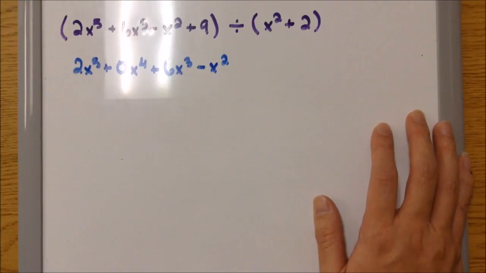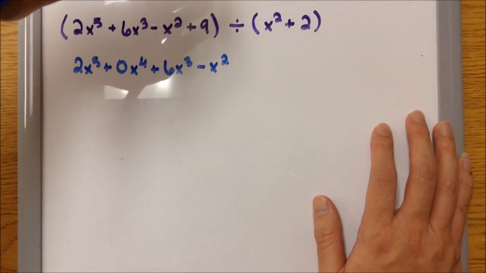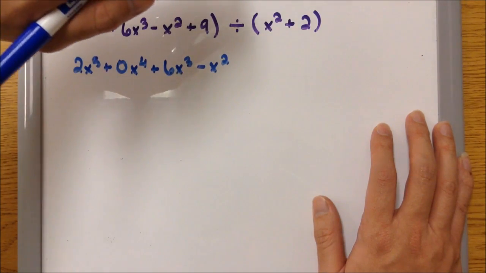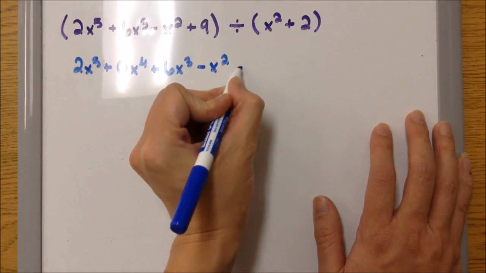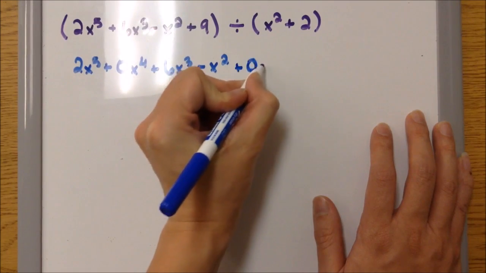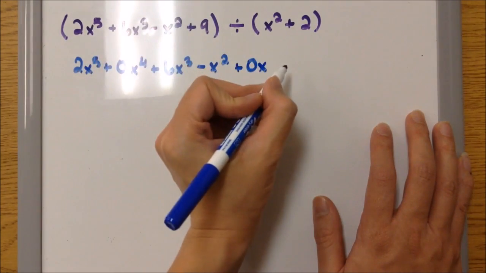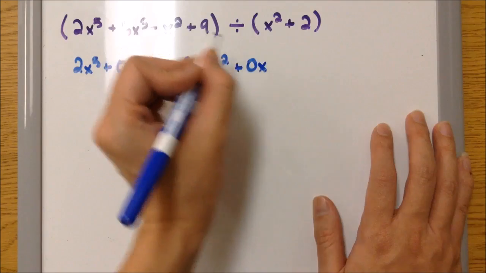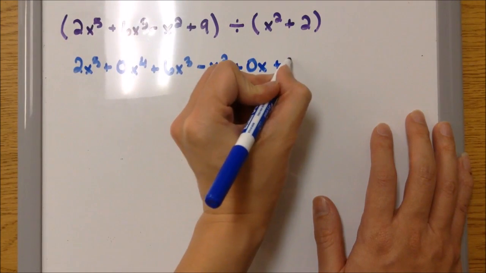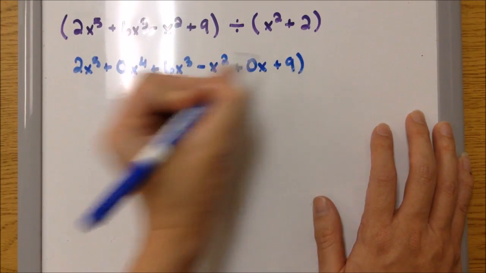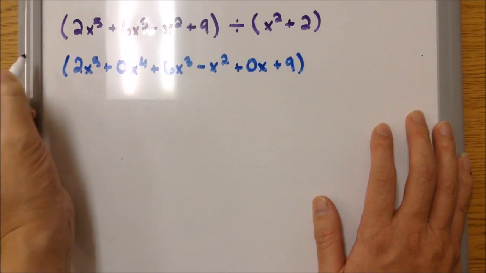And then after x squared is 1. Here, there is no x, so that means we have to fill that one in too. So plus 0x. And then after x, there's a constant, plus 9. I'm going to fill that in. Got everything in for that side.